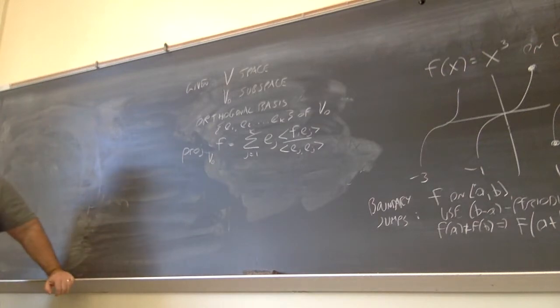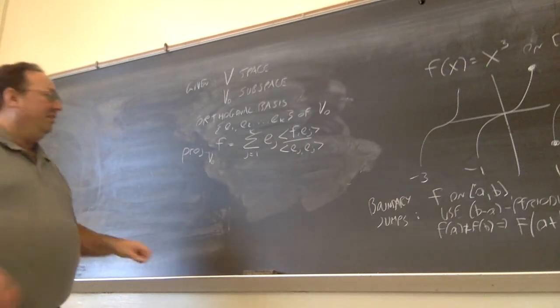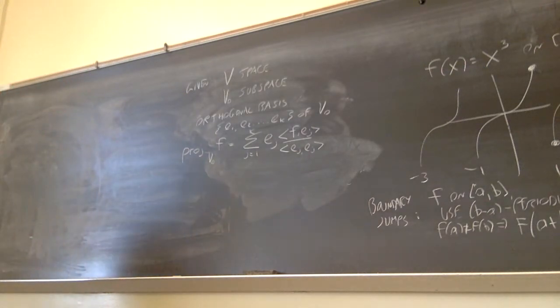Now, fortunately, this becomes a lot simpler in the case when your subspace has only dimension 1. For example, if the subspace consists of polynomials up to degree n, then your subspace has dimension n plus 1, because it's constant functions, linear functions, all the way up to degree n.